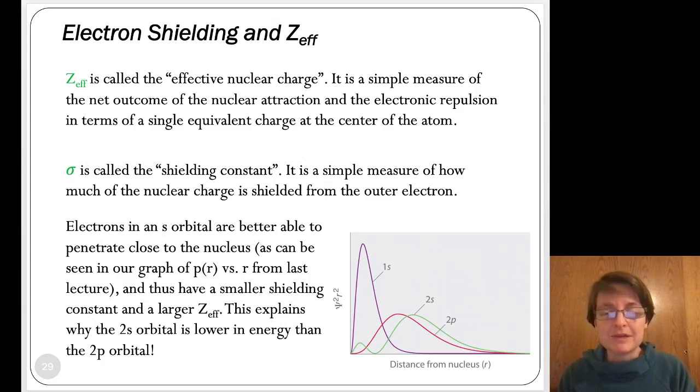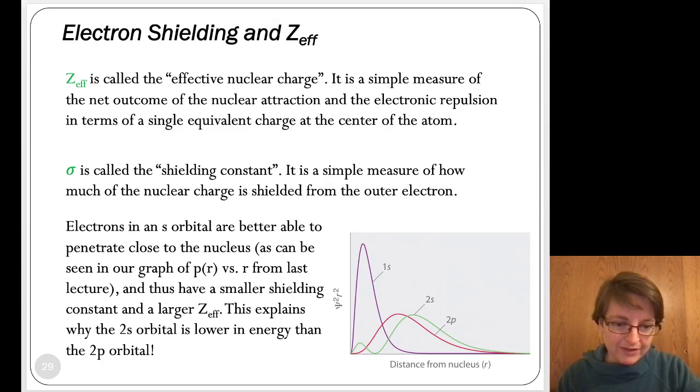In that case, that would mean that electron in that orbital, at least a small fraction of the time, is able to see and interact with the nucleus unimpeded. That would give it a much higher effective nuclear charge, because at least in a probabilistic sense, it means that sometimes it's getting the nucleus's full undivided attention.